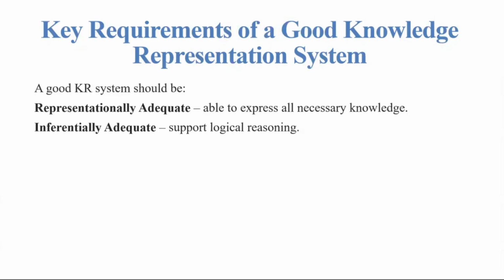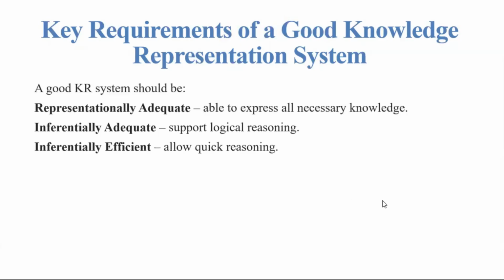Even though we never explicitly told the AI that Socrates is mortal, it should be able to conclude that fact on its own. This process is called inference. So, inferential adequacy means the knowledge representation system should support logical reasoning and allow the AI to infer new facts from the existing ones. This is one of the key reasons why AI appears intelligent.